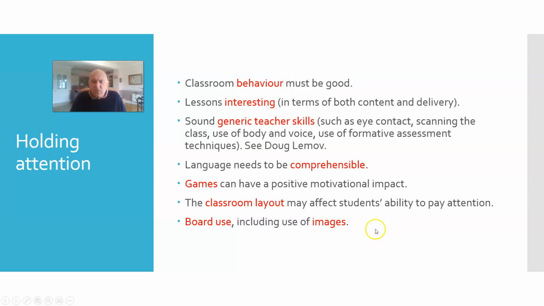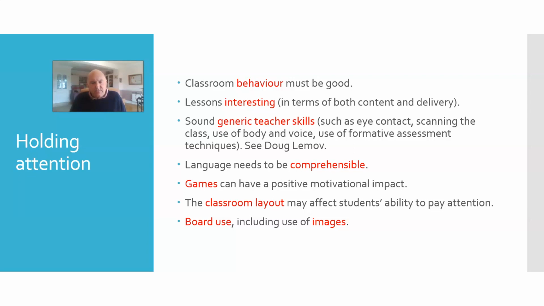Classroom layout's an interesting one because although there isn't really that much convincing research one way or the other favouring different types of layout, I kind of think that common sense comes into play. The traditional view, in most situations in secondary education, of having students looking to the front, whether that be in rows or pairs or whatever it might be, I think is bound to affect a student's ability to pay attention.